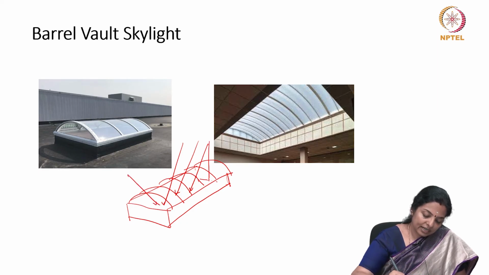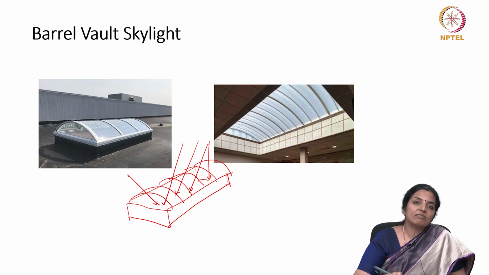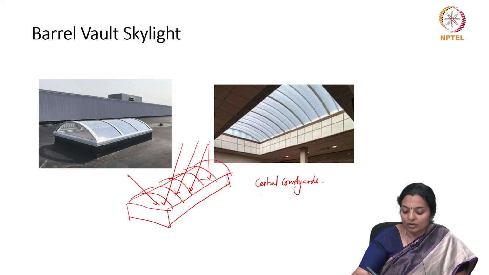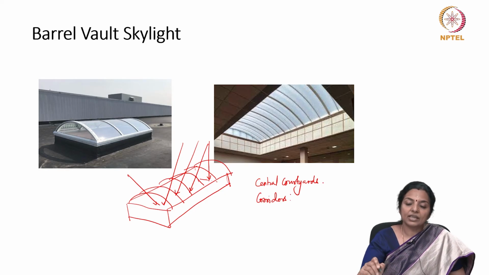If it's on the roof of a residential building, then privacy is a concern. But in public places, you can use this in atriums, or I would say courts, central courtyards, or corridors, etc. This can be used.